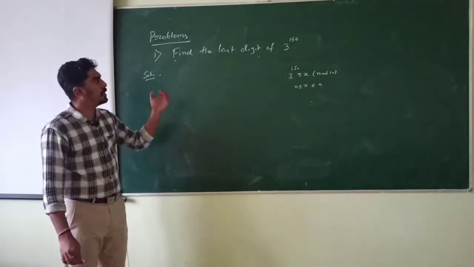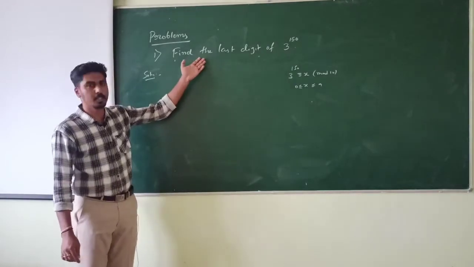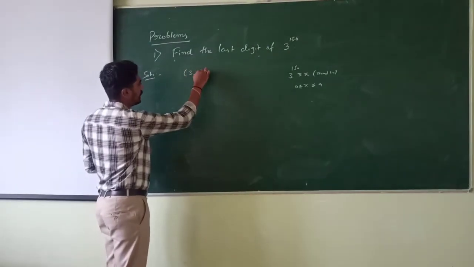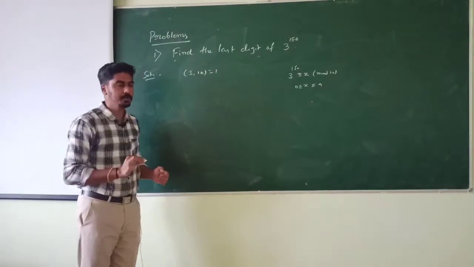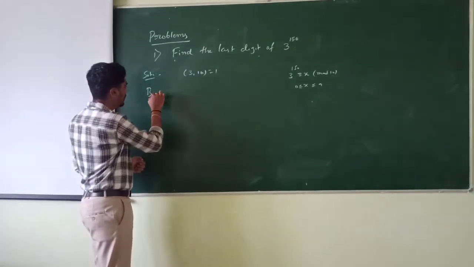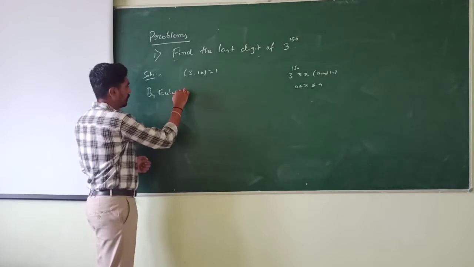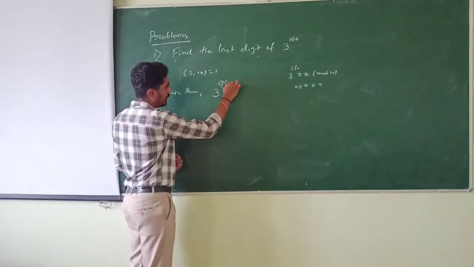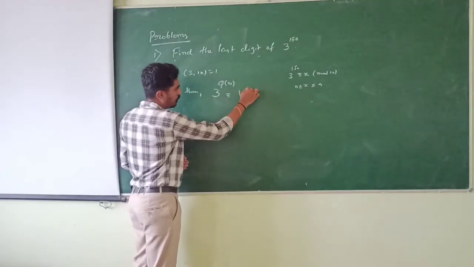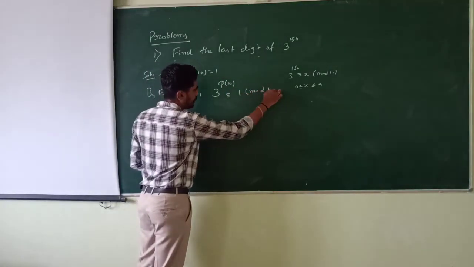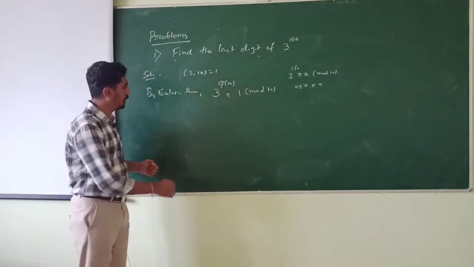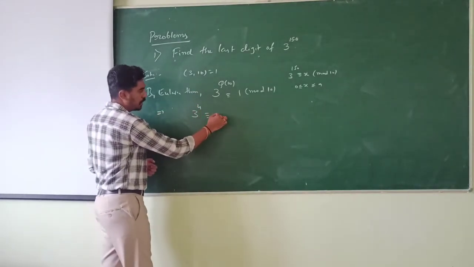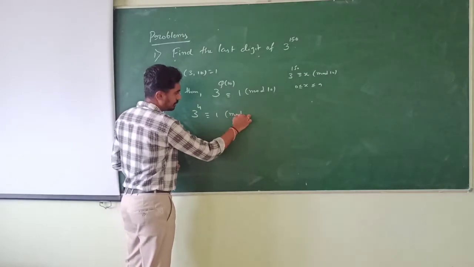Solution. I am going to use Euler's theorem to solve this problem. First, we know that the GCD of 3 and 10 is 1. So, by Euler's theorem, 3 to the power of phi of 10 is congruent to 1 modulo 10. That is, 3 to the power of 4 is congruent to 1 modulo 10.